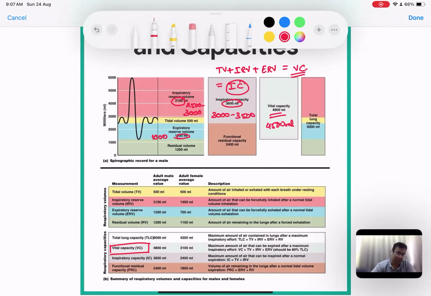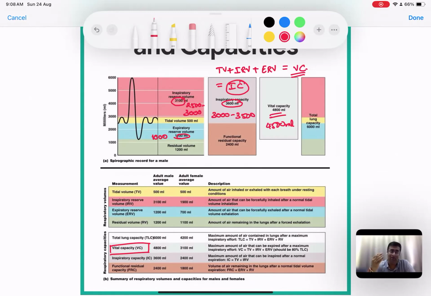Okay. Now, the next is residual volume. Even after forcibly exhaling, all the air from the lungs is never expelled. The reason that all the air can never be, or should never be, expelled is that if all of the air gets exhaled, the alveoli may collapse and may never be able to open up again.